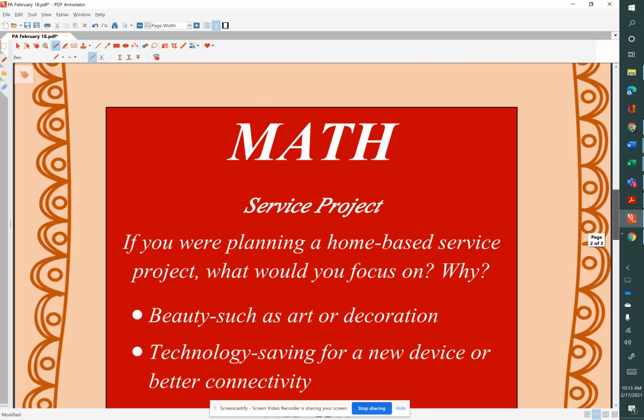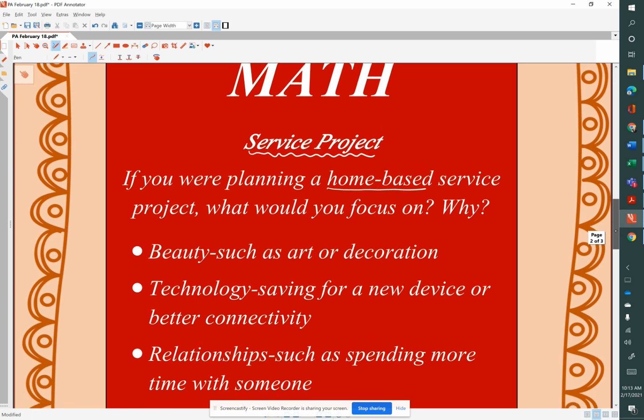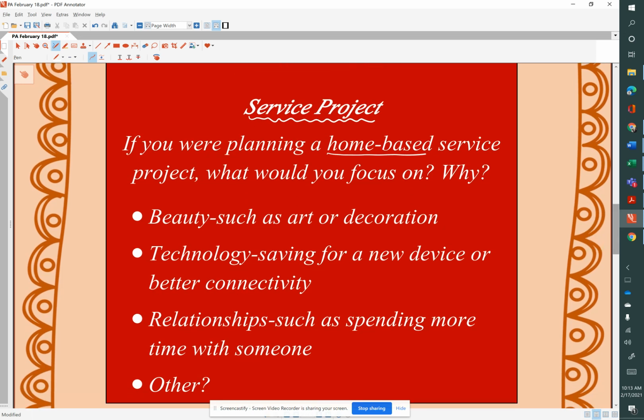So we're starting with our do now, which is a service project question. If you were planning a home-based service project, what would you focus on and why? Would you focus on something to make your home more beautiful, like a piece of artwork or decorating something? Would you focus on technology, improving the internet, saving for a new device, or getting better connectivity?